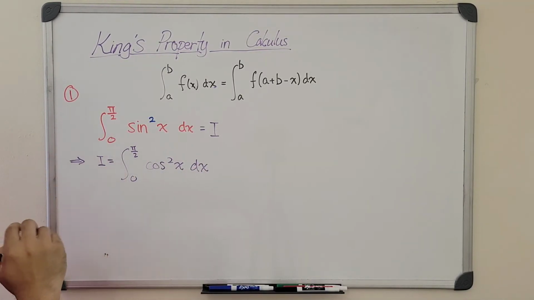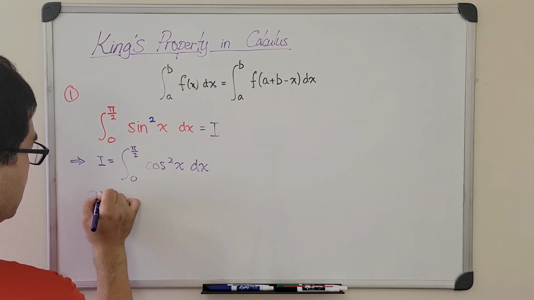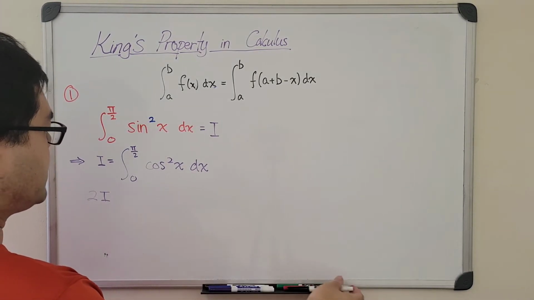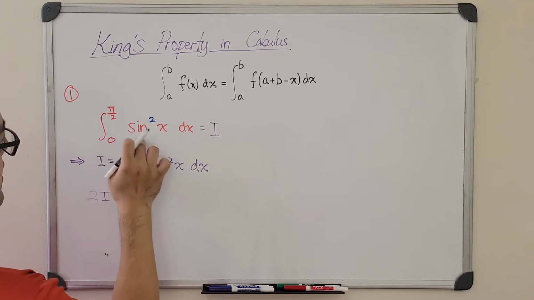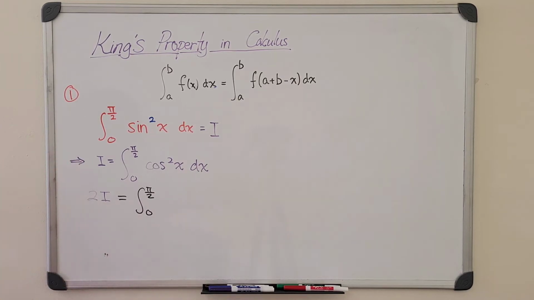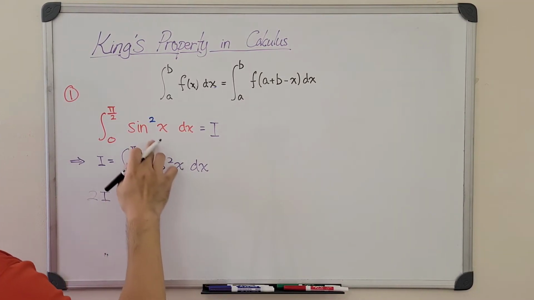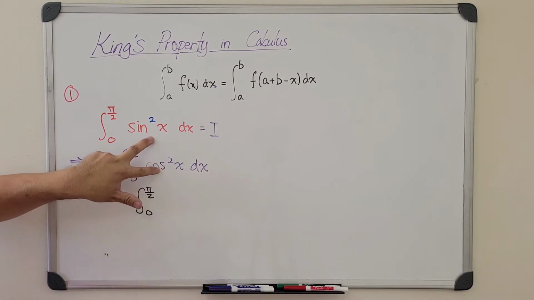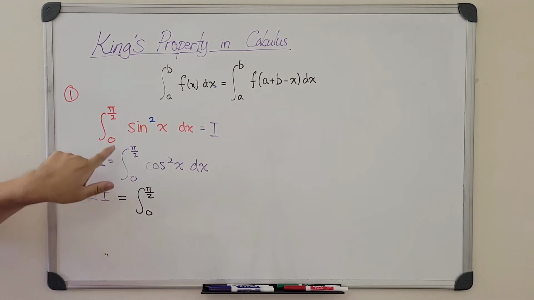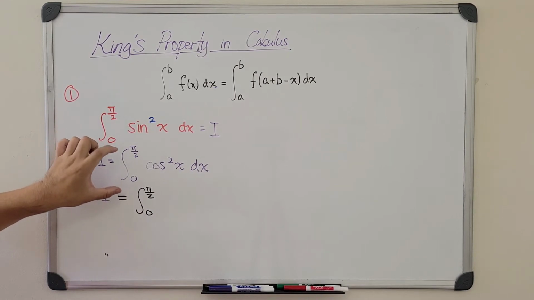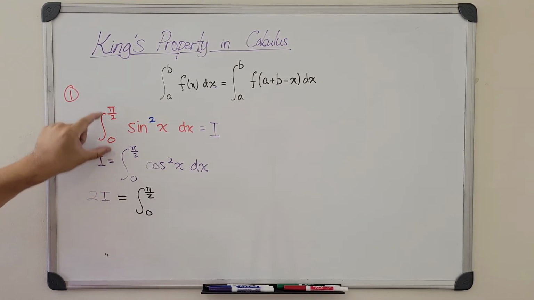If we add these two integrals together, of course, the left-hand side turns into 2I because we have I plus I. Now on the right-hand side, we have this plus this. And seeing that the upper bound and lower bound are the same, we can now use another property in calculus that says we can just simply add the two functions together inside before we take the integral, as long as both functions are actually defined in the union of the two intervals.